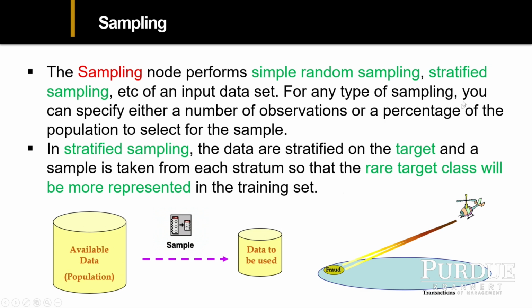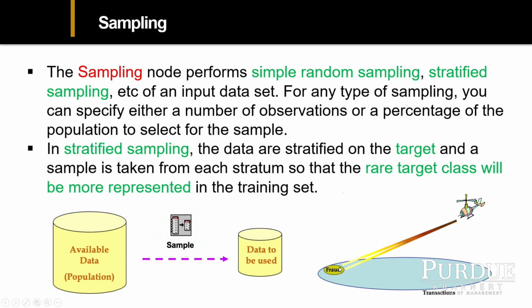The second option is called stratified sampling. Stratified sampling is useful, for example, in the classification case. If you have two classes, like in a fraud detection example, a fraud class and a non-fraud class, typically the fraud class is a very rare class. You may have less than, say, 1% of the samples being fraud.